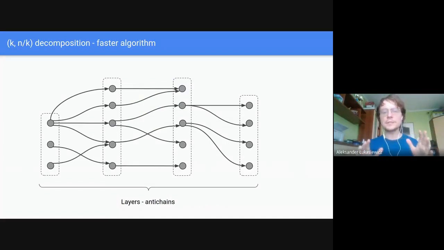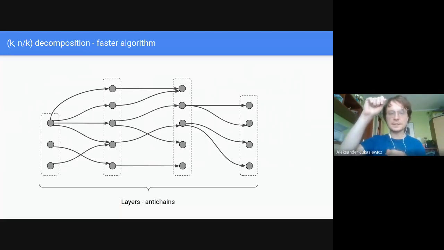This algorithm is pretty similar to the classical standard algorithm for computing the longest increasing subsequence in a sequence of numbers. The idea is that we maintain layers, and the ith layer consists of vertices for which the longest chain that ends at this particular vertex is of length i.